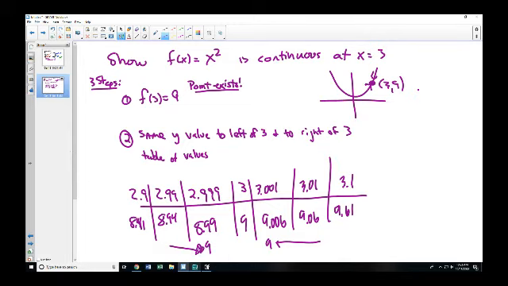So that's the second step. It always takes the longest. So we've taken care of a possible point discontinuity, and we've taken care of jump and infinite discontinuities, right? All those are addressed. We just need to make our statement. That's our third step.